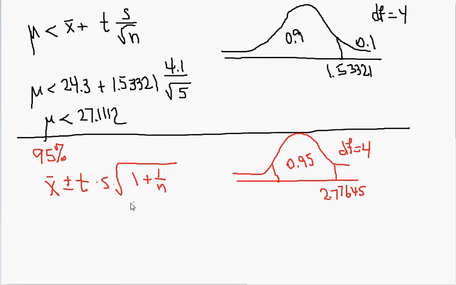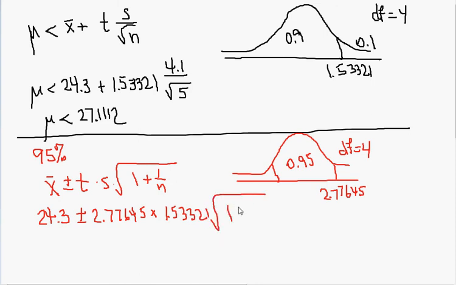Okay, so we use the numbers here. We have x bar is 24.3 plus or minus 2.77645 times s, 1.53321, times the square root of 1 plus 1 over 5. Now let me make a comment about this.